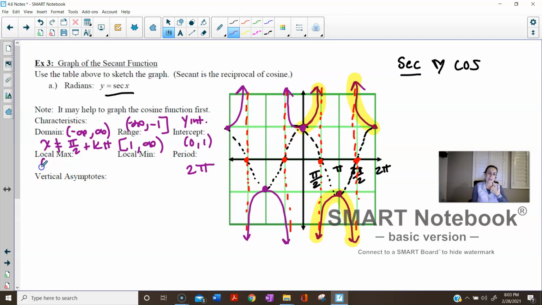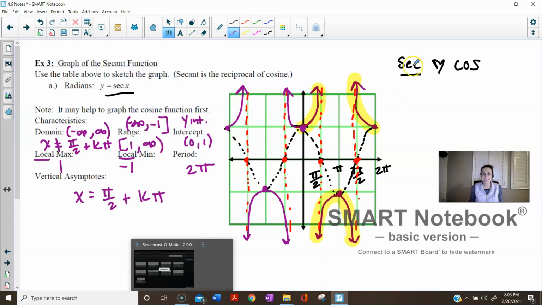So the local max is going to be at 1, and you can just write 1. And the local min is at -1. And again, these are local, not the absolute. The arrows going up forever and down forever are the absolute extrema. Okay, and vertical asymptotes would be x equals pi over 2 plus k pi.